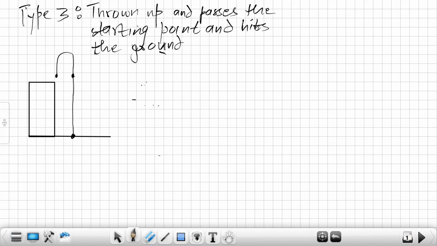But in this case, it passes the starting position, so we are going to extend it further to what happens when it passes the starting point. I will still do my labels: A, B, C, and then the final one will be D.